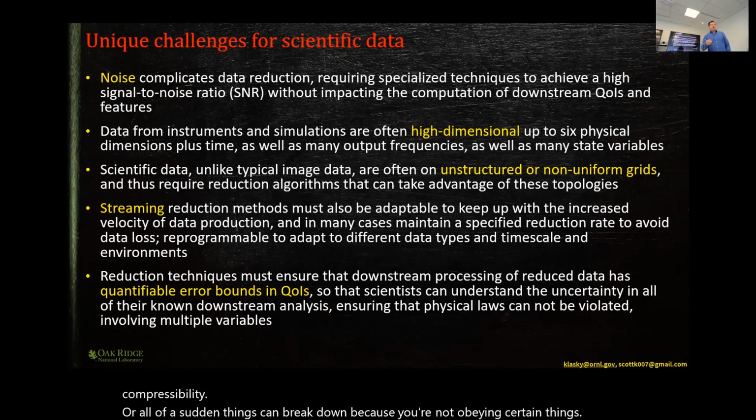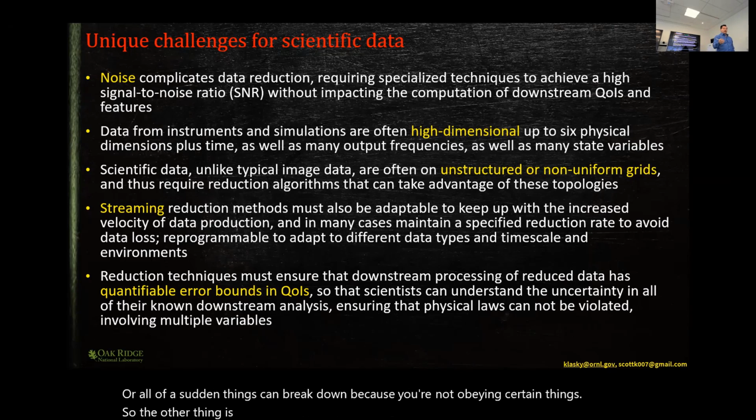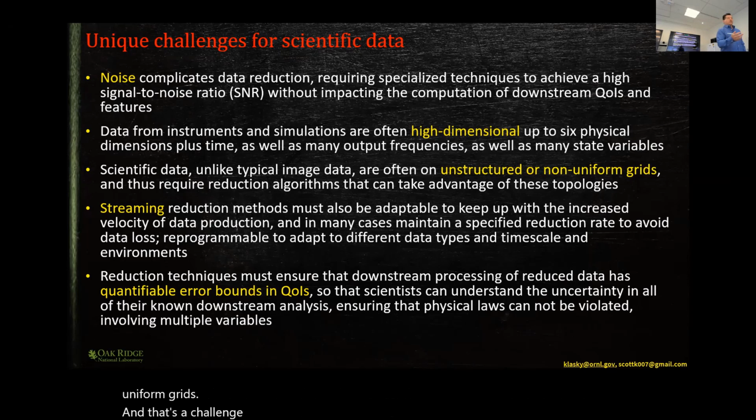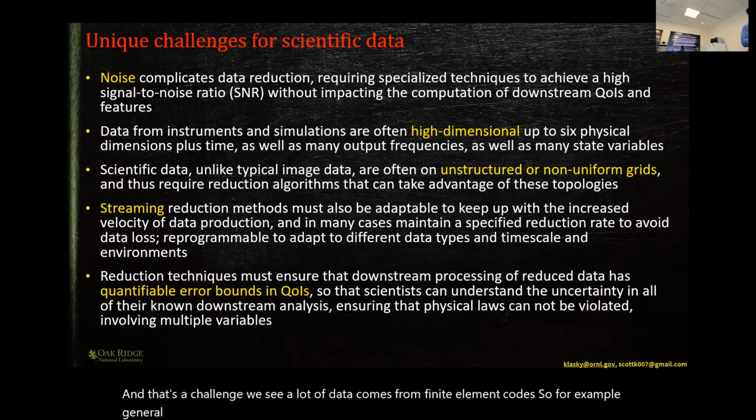So the other thing is that most of the physics, again, come from unstructured or non-aligned, non-uniform grids. And that's a challenge. We see a lot of data comes from finite element codes. So for example, General Electric, they're trying to run really large wind turbine simulations on Summit now and Frontier soon.